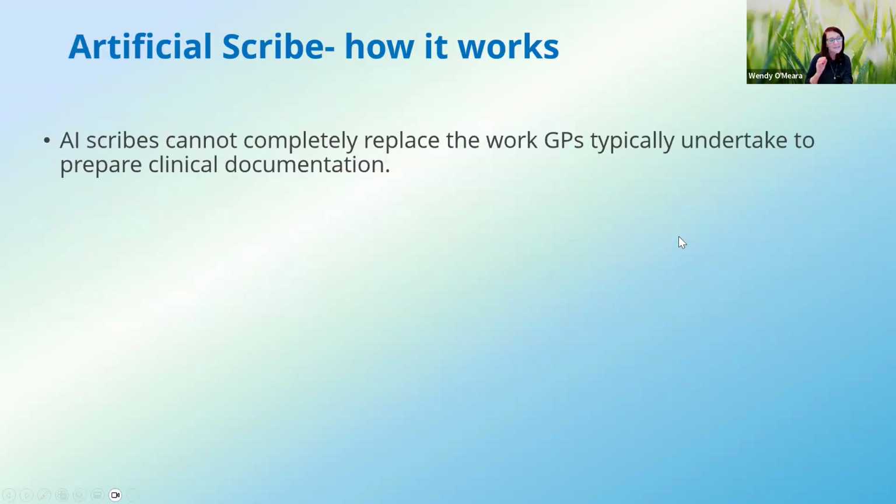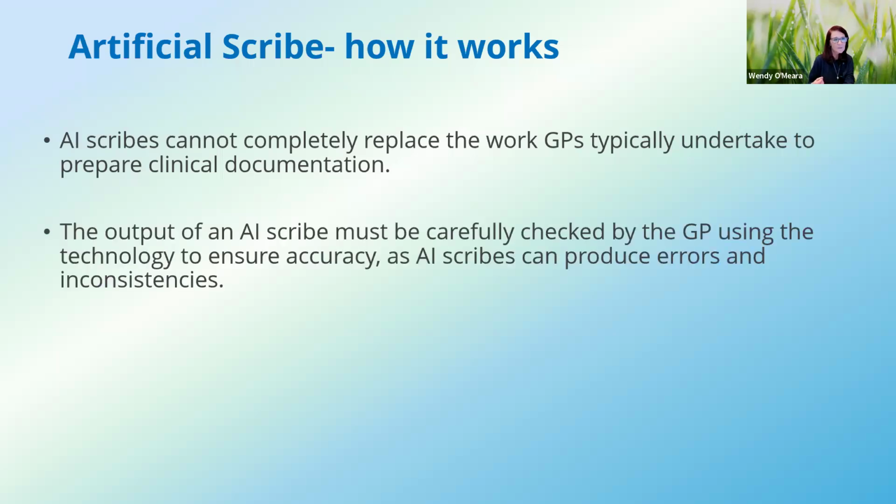AI Scribe does not and will never completely replace the work GPs typically undertake to prepare clinical documentation. By this, I mean the output must be carefully checked by the GP to ensure accuracy. So it is an artificial technology. There are going to be errors. And we found many errors when something is misheard.